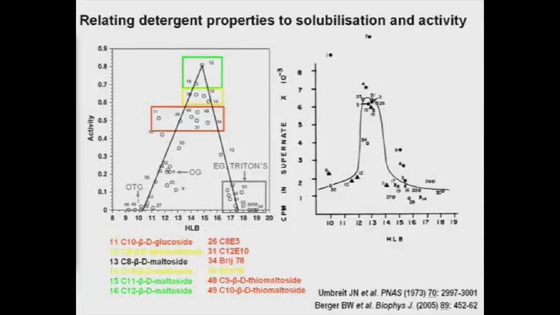Yeah, so I guess you can see here that, for example, you've got C9 and C10 detergents, 48 and 49, which have a HLB that's similar to, for example, C11 and C12s, and they've got different hydrophobic chains, but different head groups as well.